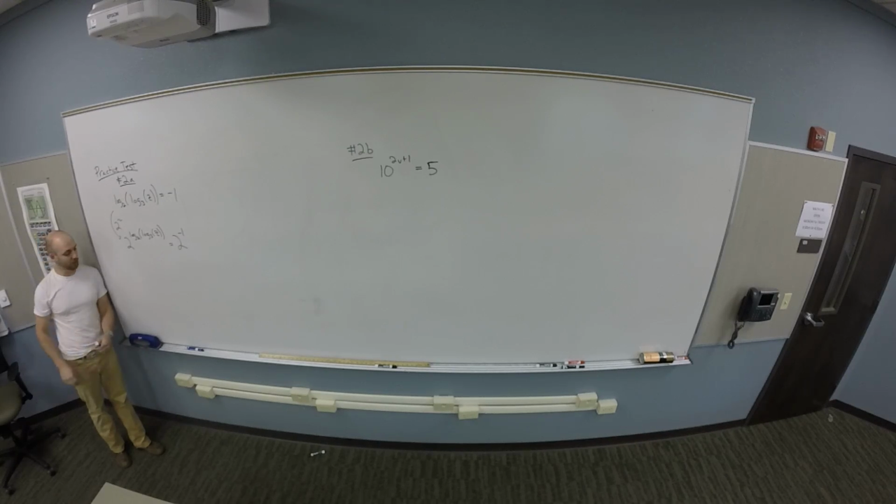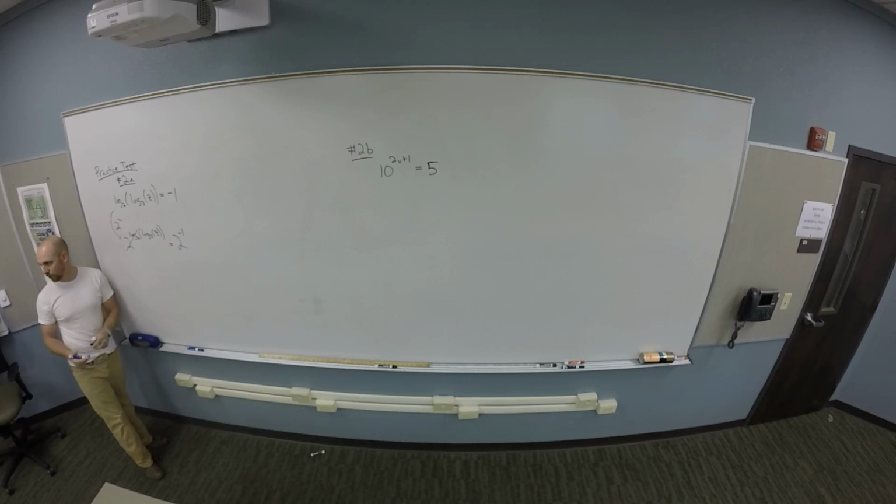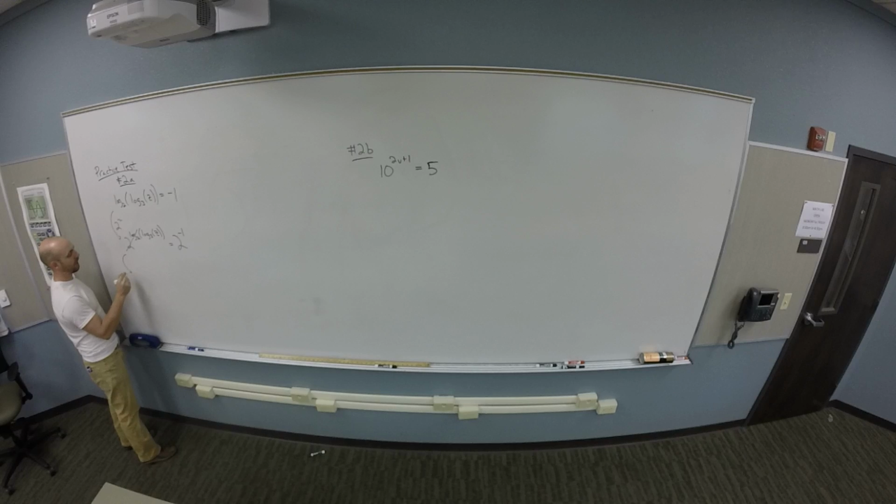Now I want you guys to notice that there's something that cancels here. What cancels? The log 2 and 2. Those are opposite functions, so those undo one another. And so I get log base 3 of z equals 2 to the -1.